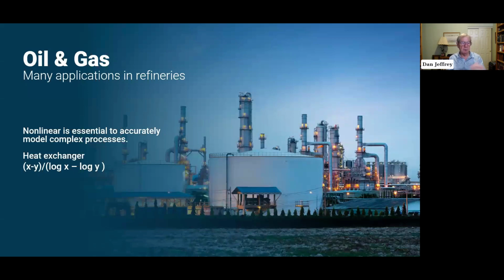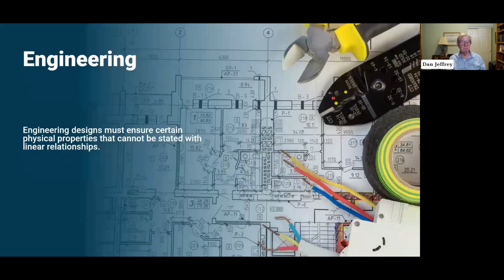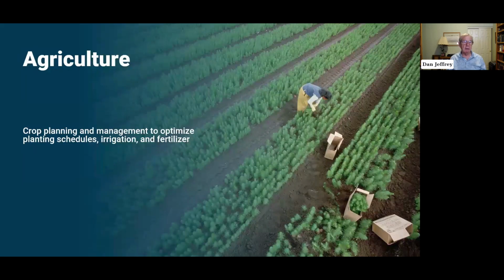And I have an example here of a heat exchanger equation that's used in some kinds of oil and gas processing plants. In engineering, the designs sometimes must ensure physical properties that are nonlinear. And so engineering design is an area where we see nonlinear applied a lot. And in agriculture, crop planning and management is an area where nonlinear terms arise.